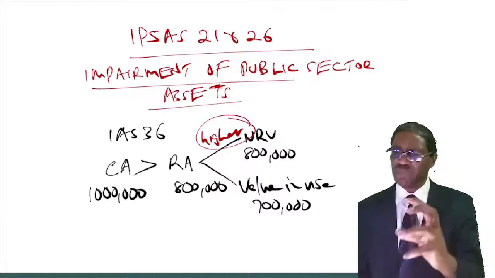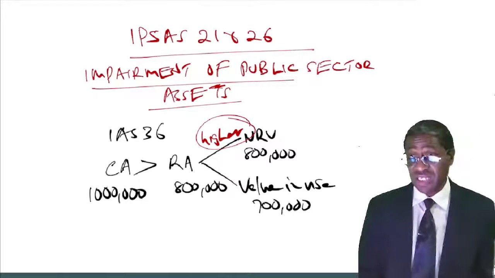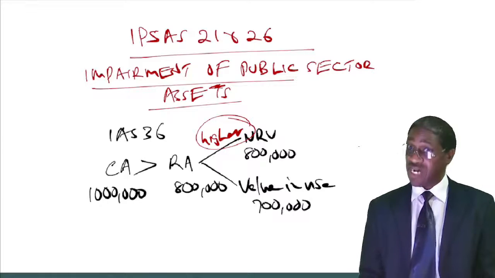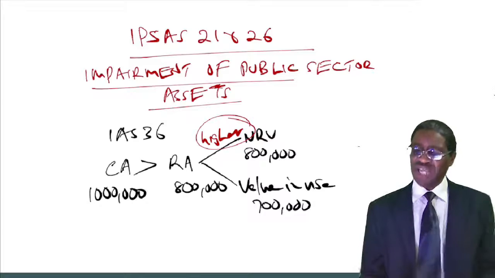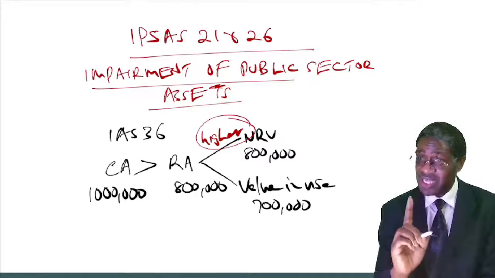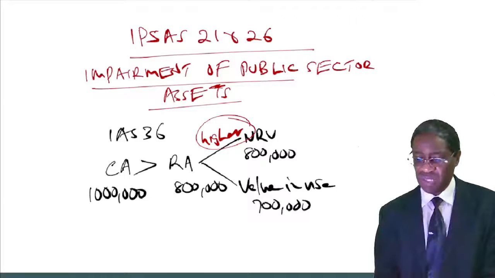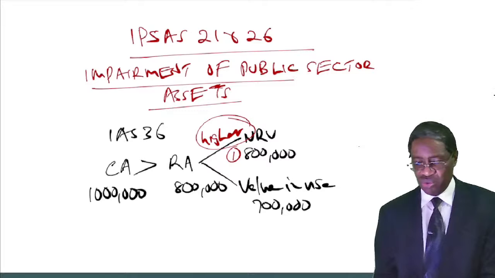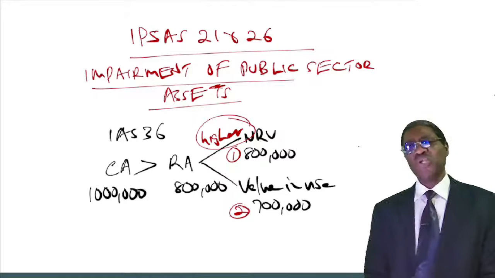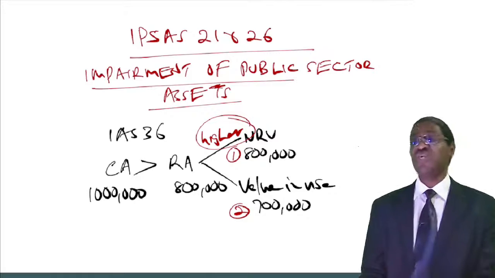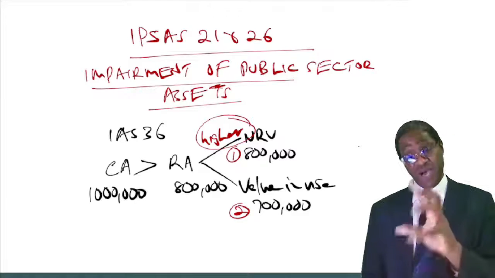And so we were defining recoverable amount of an asset to be the higher of, for one, net realizable value, and number 2, value in use. Whichever of the two is higher, that's what you consider to be the recoverable amount.